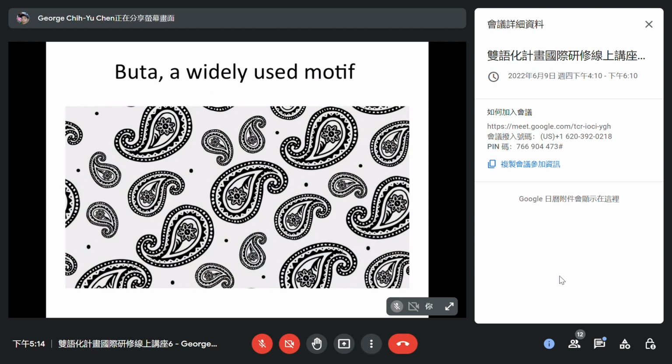This symbol, Buta, in Azerbaijan, is associated with divine fire. 这个图案在亚塞拜然呢，也跟它的神圣的火有相关性。When you go to Azerbaijan, you will see first few things you will see is fire, because this country produces oil, and the oil is on the surface.